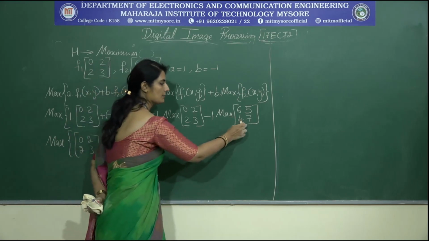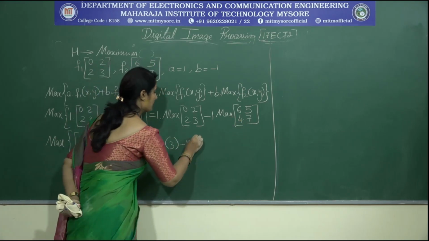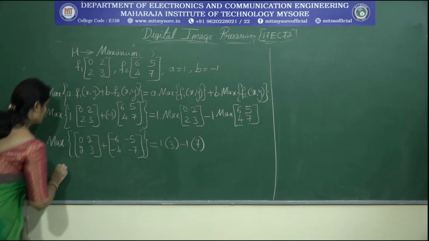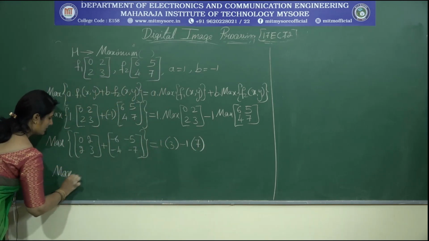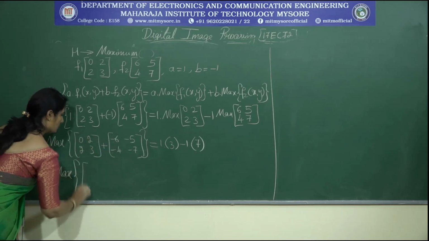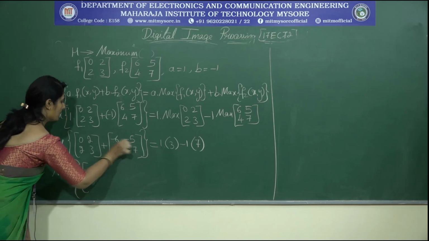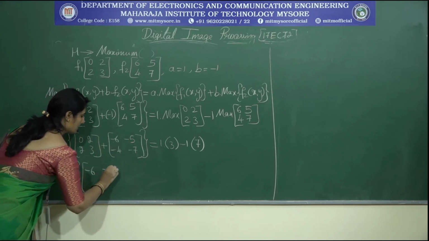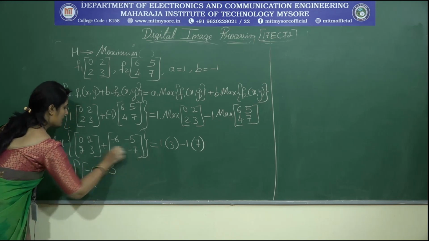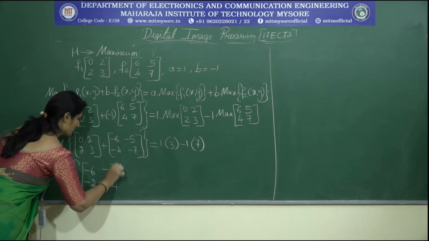And which is the maximum value in this matrix? The maximum value is 7. Now simplifying this further: -6 plus 0 is -6, -5 plus 2 is -3, -4 plus 2 is -2, -7 plus 3 is -4.